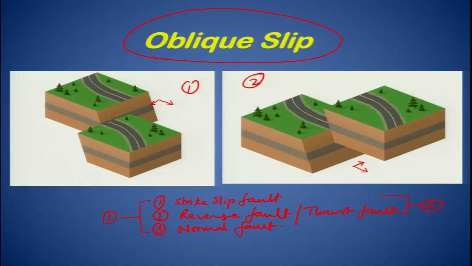But nevertheless you will come across at many locations the oblique slip, depending on the orientation of your maximum stress axis. So even in the compressional tectonic environment you will find mostly the reverse and thrust faults, but along with that you will also come across the oblique slip faults.